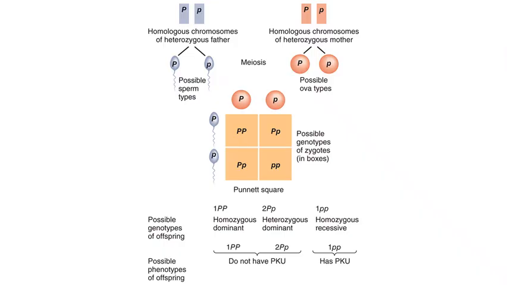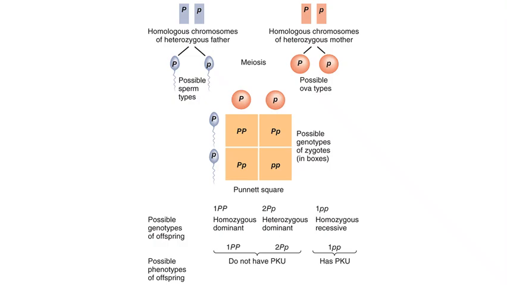So by tradition, symbols of the genes are written in italics, with dominant alleles written in capital letters and recessive alleles in lowercase letters. A person with the same alleles on the homologous chromosomes, either two big B's or two small b's, is said to be homozygous for the trait.